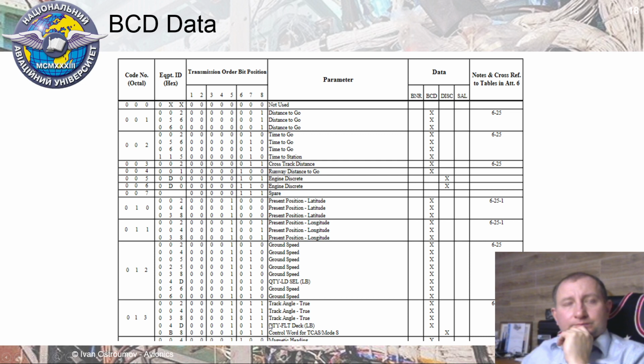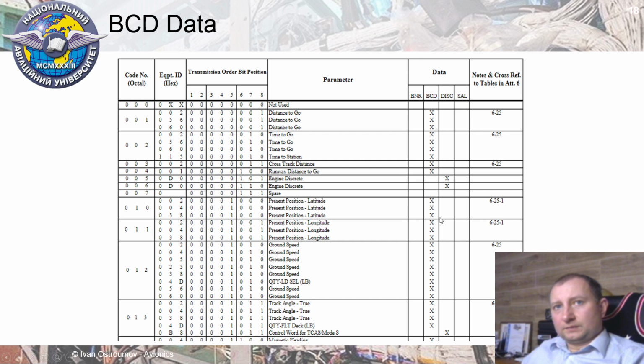And also we have the specified type of data transmission. For example, if we talk about coordinates of airplane location like latitude and longitude, we see that this data should be transferred in binary decimal form.